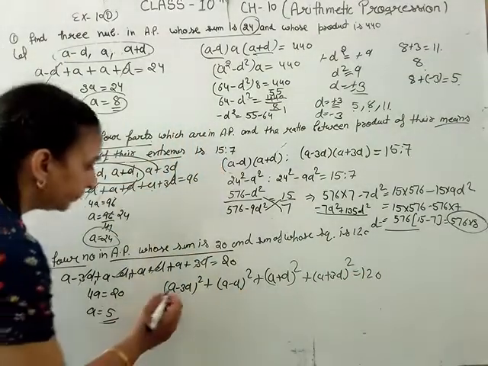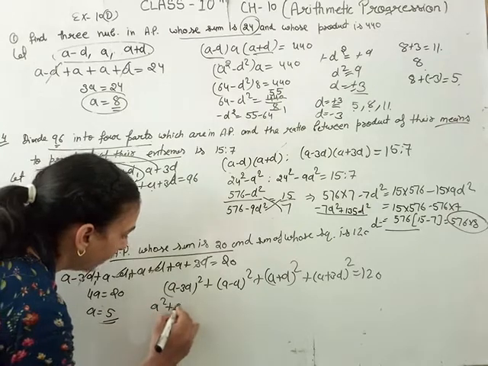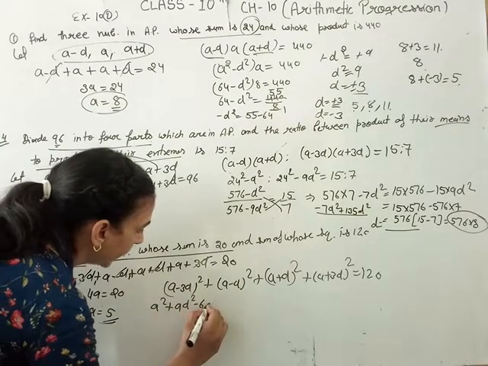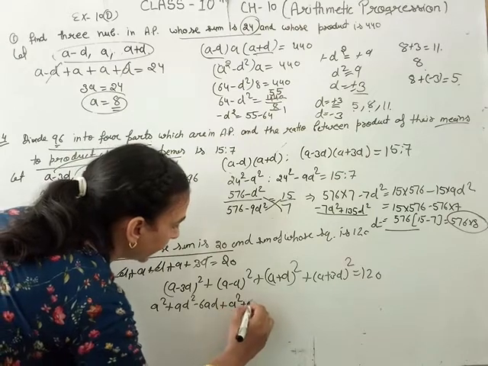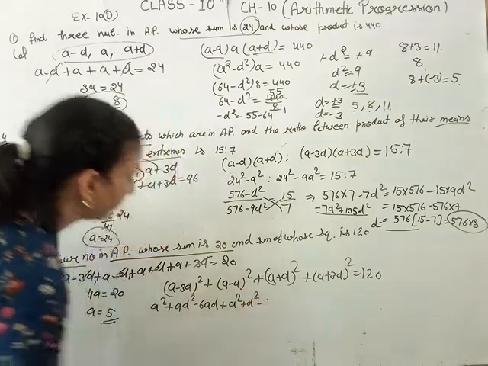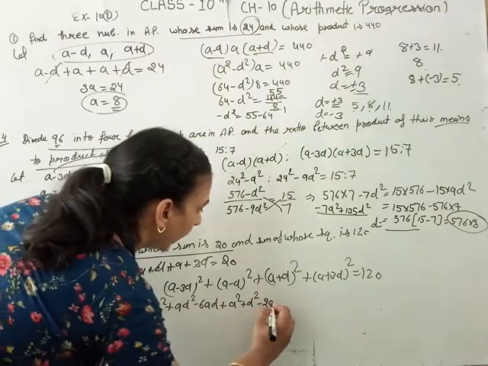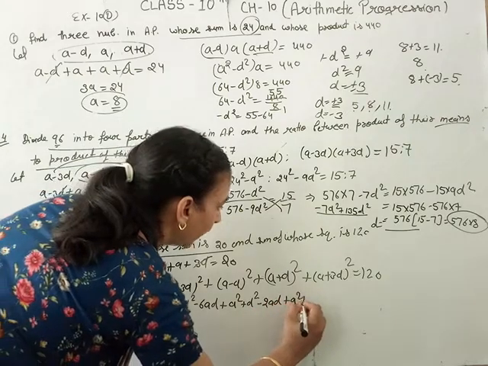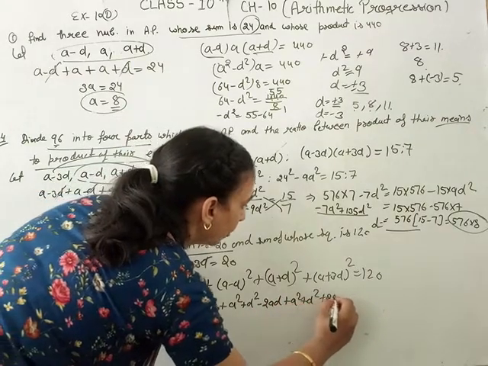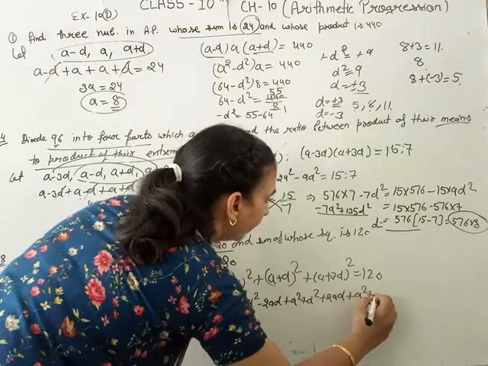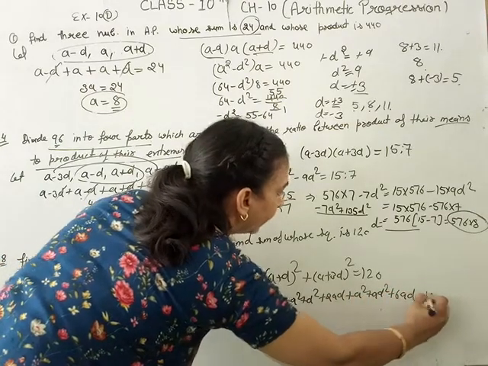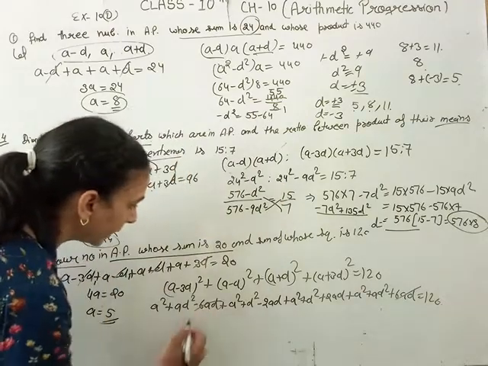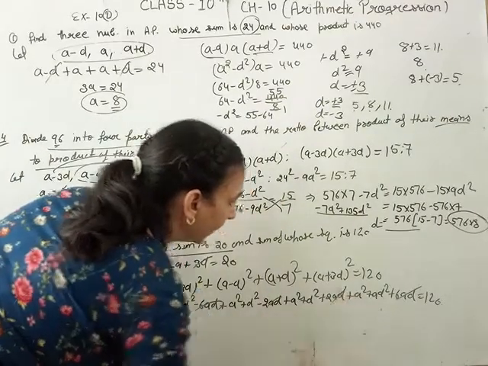Then A square plus 9D square minus 6AD, plus A square plus D square minus 2AD, plus A square plus D square plus 2AD, and A square plus 9D square plus 6AD equals 120. 6AD cancels, 2AD and 2AD cancel.